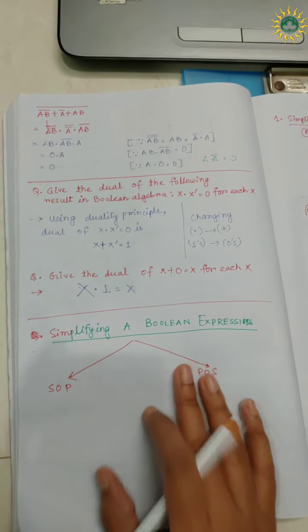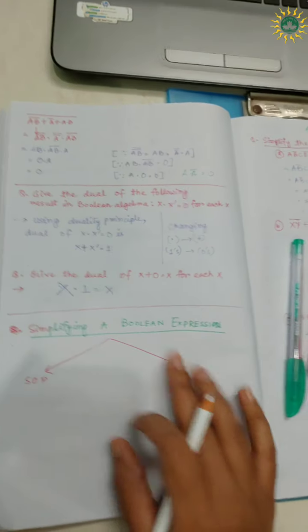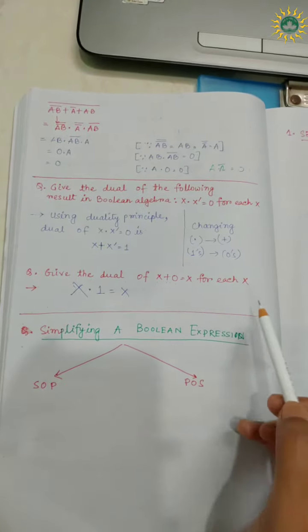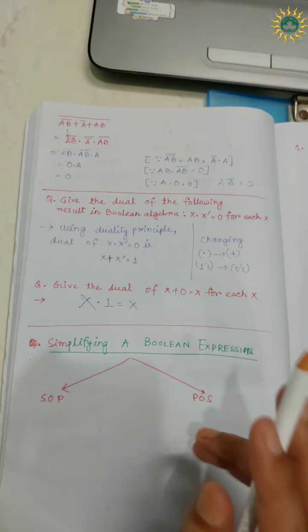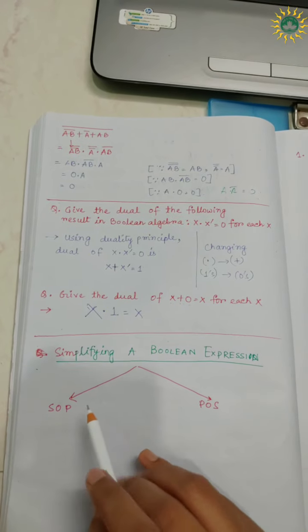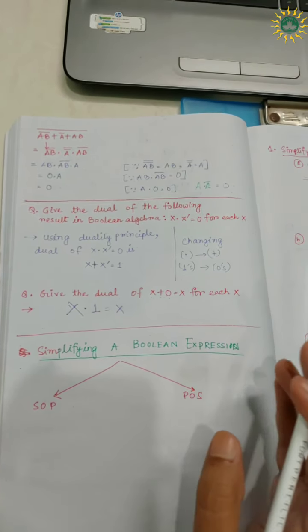Okay, now the next one we are going into is simplifying Boolean expressions, which we are going to do a lot today. While simplifying a Boolean expression, you will meet two things. One is SOP, which is sum of products, and another one is POS, which is product of sums.